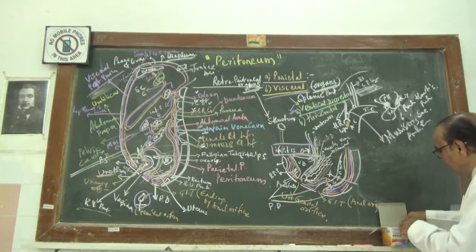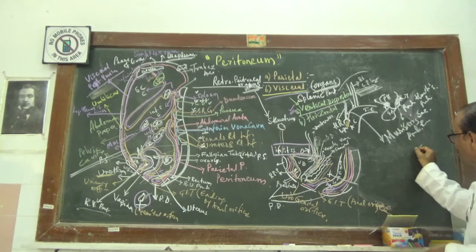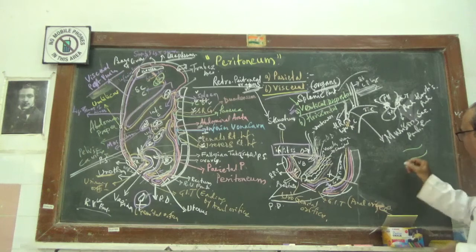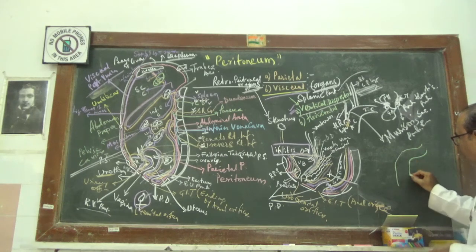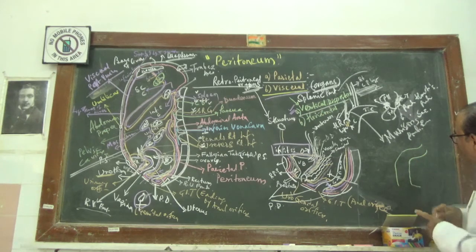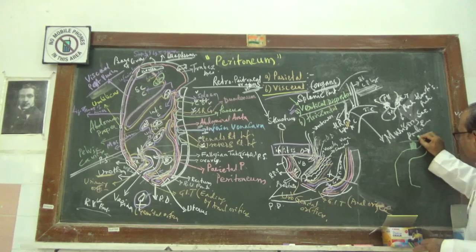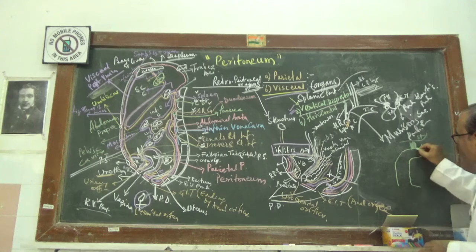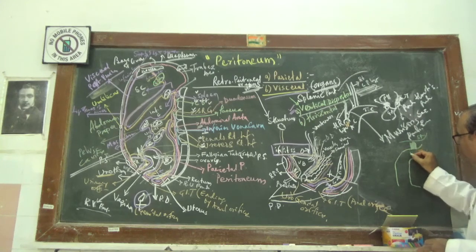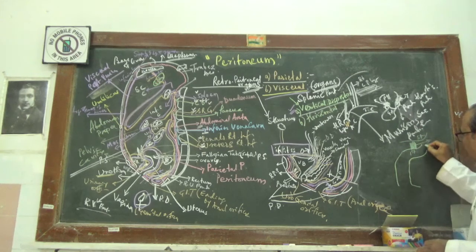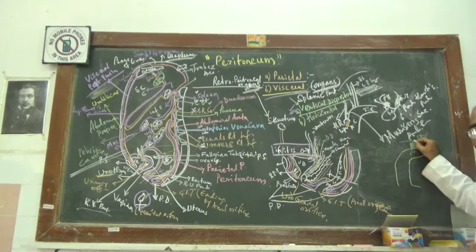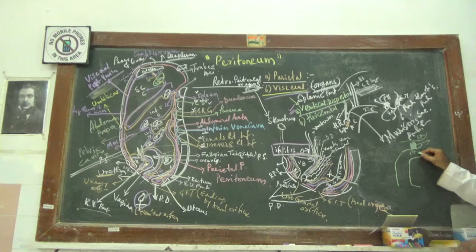Consider this as the first part of the duodenum, and this is the second part of the duodenum. Now from the lower part of the stomach, the pyloric part, to the upper border of the first part of the duodenum, it is a vertical disposition running from the inferior part of the pyloric part of the stomach to the upper border of the first part of the duodenum.